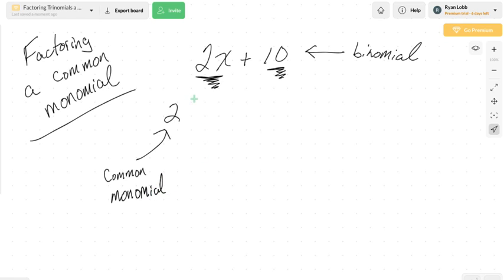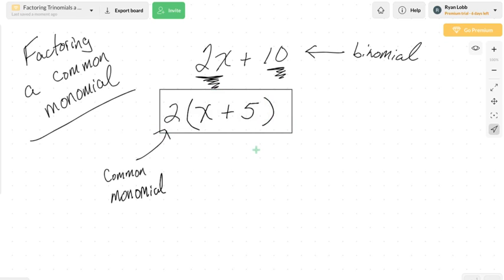And then what do I have left? Well, 2x divided by the 2 becomes x, and 10 divided by 2 becomes plus 5. So this would be factoring out that common monomial. So that would be 2x plus 10 factored in that case.